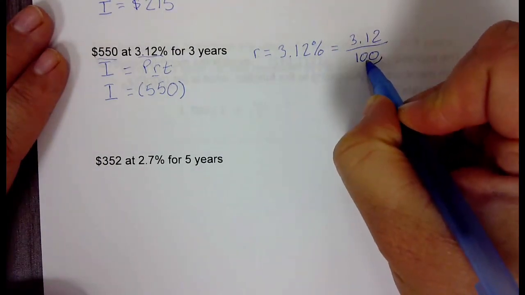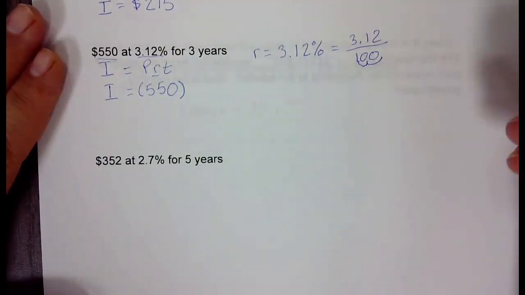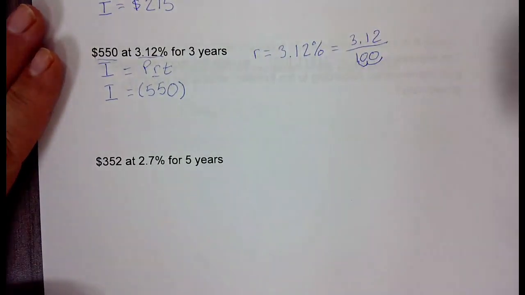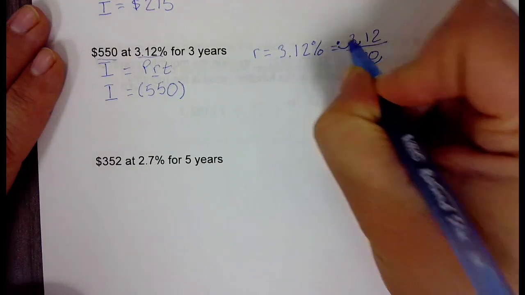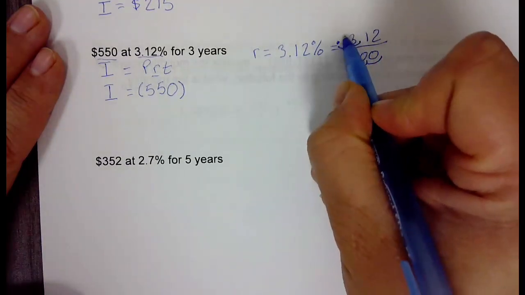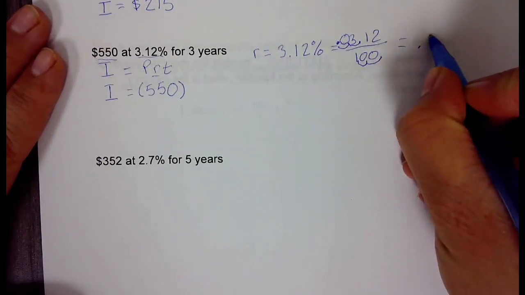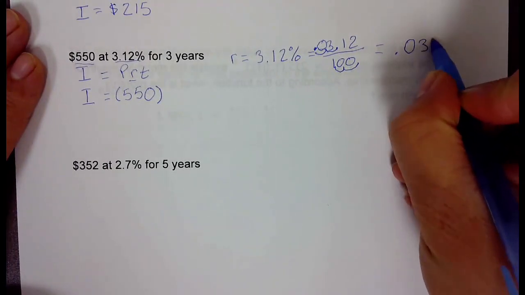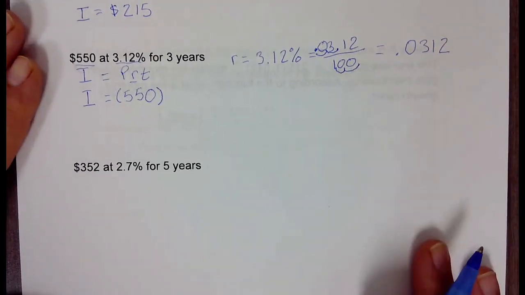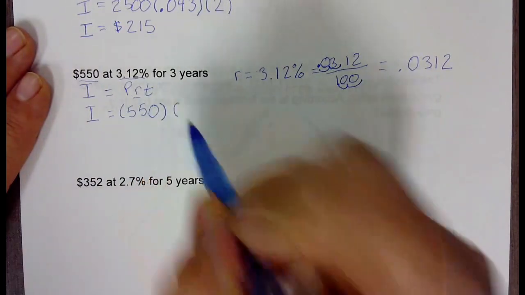Move this decimal place over 2 places to the left when I'm converting a percent to a decimal. 1, 2. My new decimal place is here, and I need to put a 0 to hold my place. I can rewrite it as a decimal point 0.0312. I can plug that into my formula here.